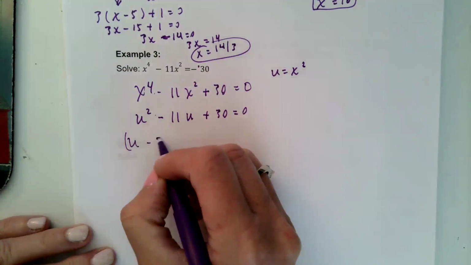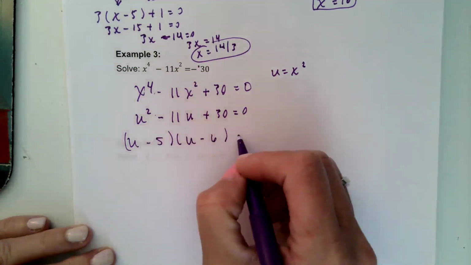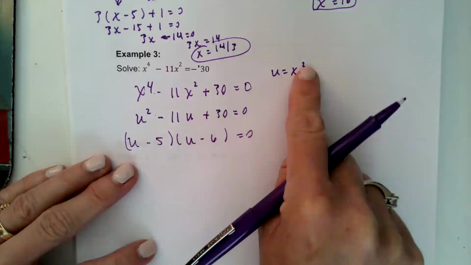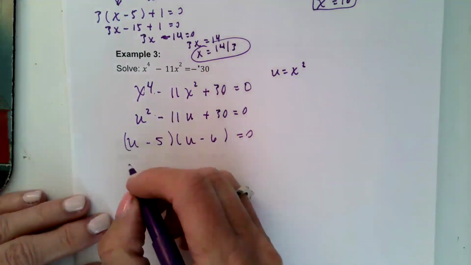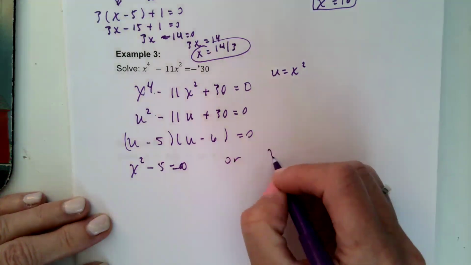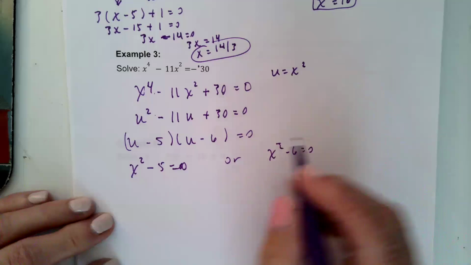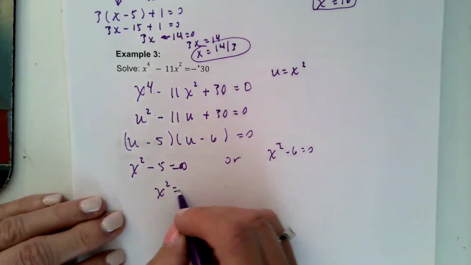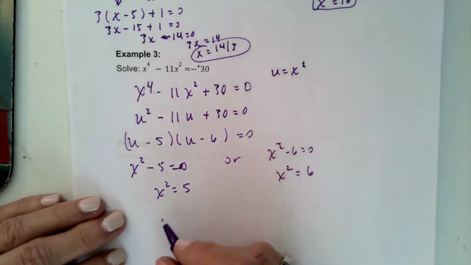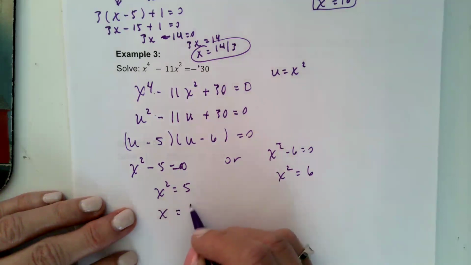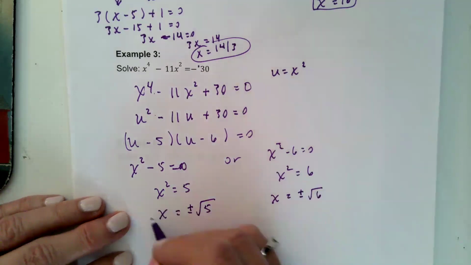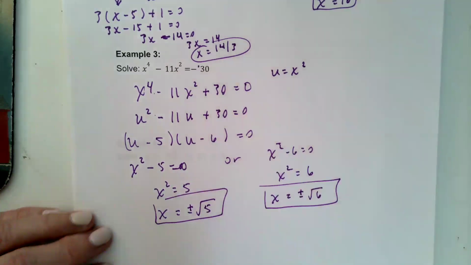I believe u minus 5 and u minus 6 works. And then we can put x squared back in for u. So x squared minus 5 equals 0, or x squared minus 6 equals 0. Then x squared equals 5, or x squared equals 6. Taking the square root, we've got plus or minus the square root of 5, or plus or minus the square root of 6, the four solutions that work.